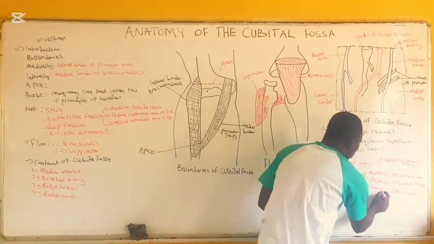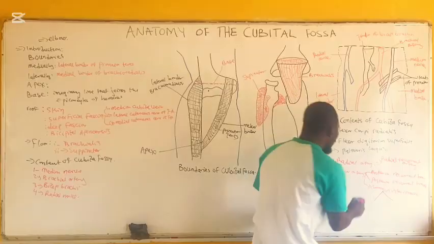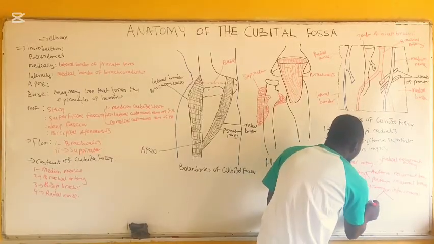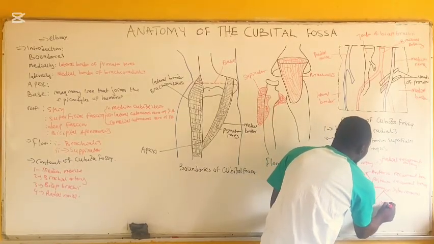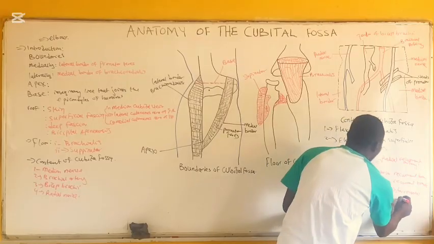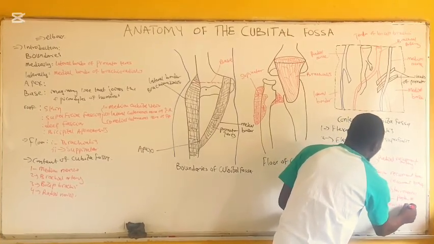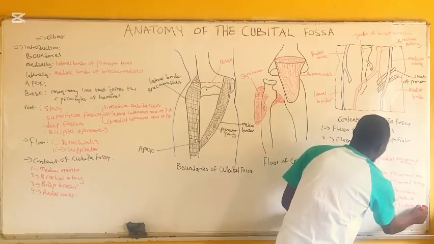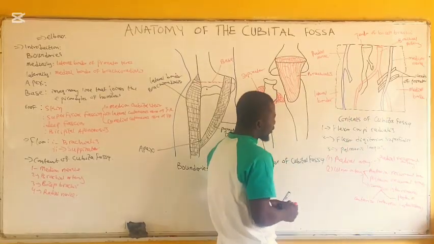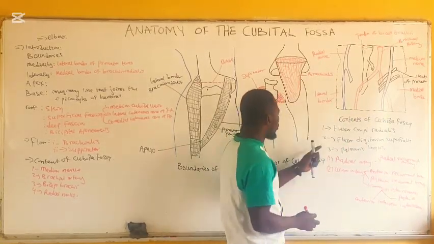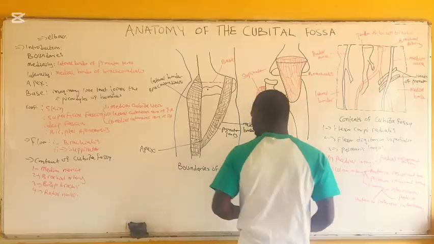This common interosseous further divides to give the anterior interosseous and posterior interosseous arteries. So this is about the brachial artery in the cubital fossa.